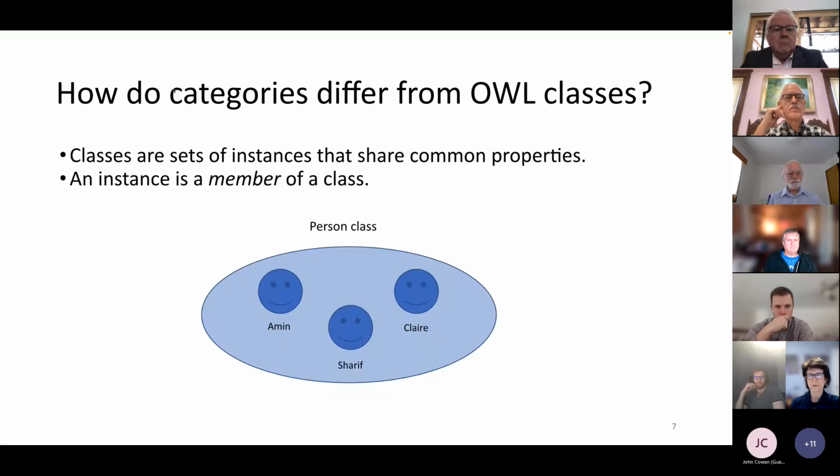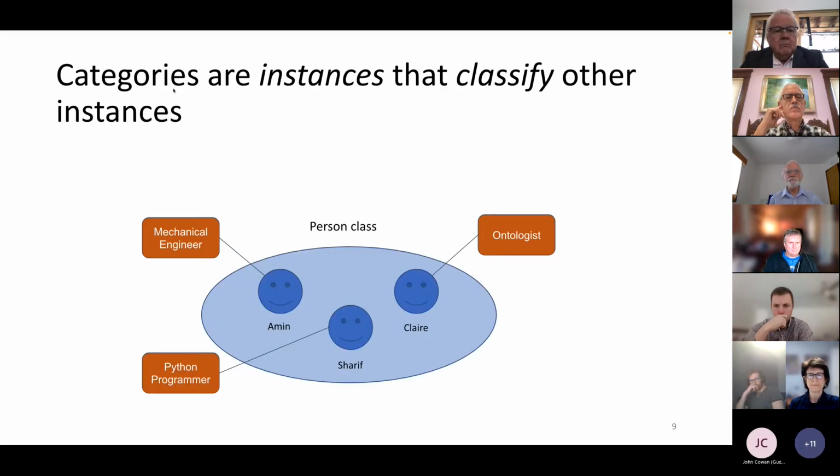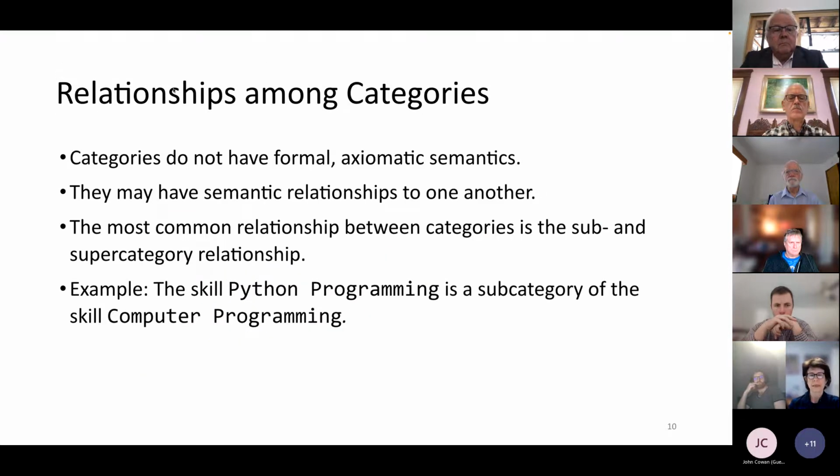So, for example, while individuals belong to classes, these individuals are categorized or classified by taxonomic categories. So ontologist, mechanical engineer, Python programmer, those are all categories that categorize those individual instances.